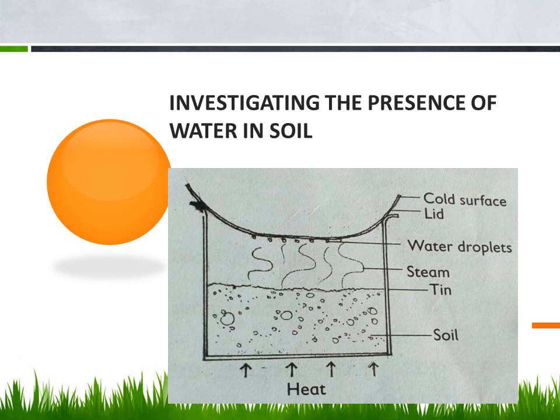If you look at the experiment, we have a tin. Inside the tin we have soil. We have a source of heat. We have a cold surface lid. If you heat the soil gently, you will see moisture or steam going up.